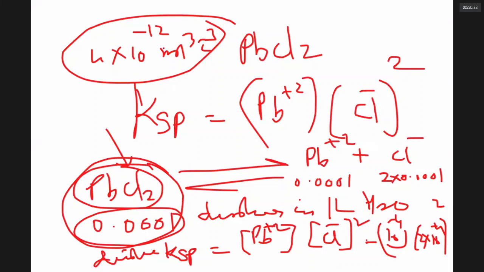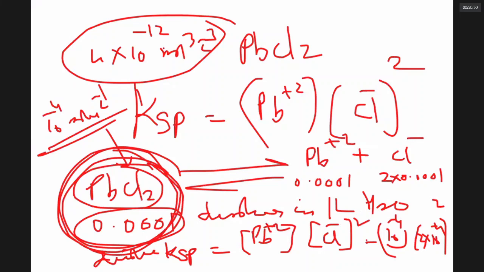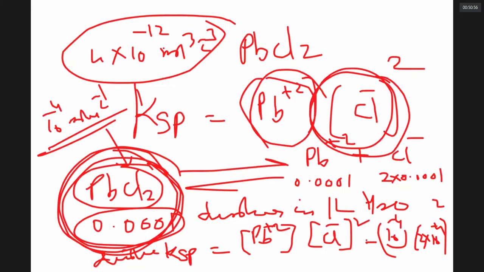Solubility product has a unit like mole cube per liter cube. Solubility product is 4 into 10 to the power minus 12 mole cube per liter cube, but its solubility is 10 to the power minus 4 moles per liter. So solubility is with respect to the salt. Solubility product is with respect to the product of the concentration of ions, as indicated by the equilibrium constant.